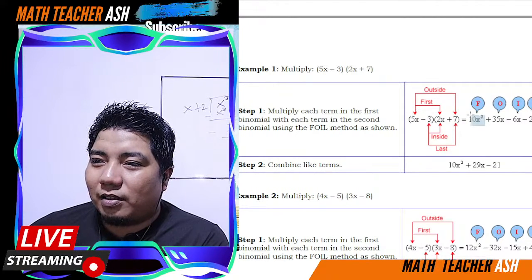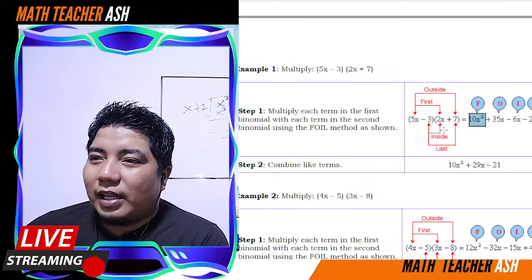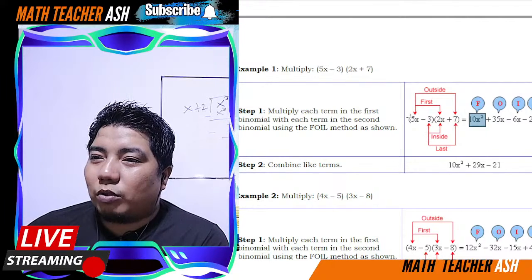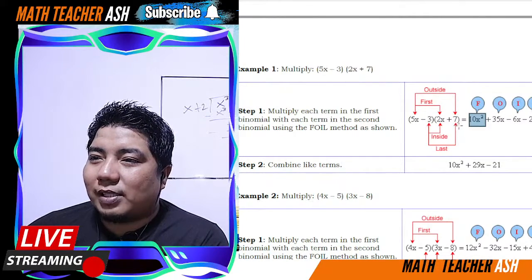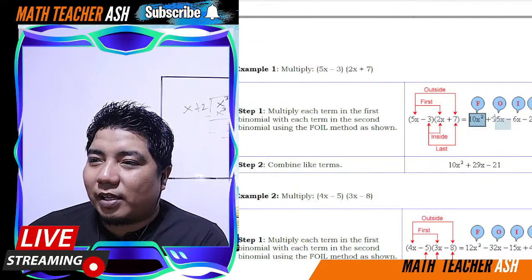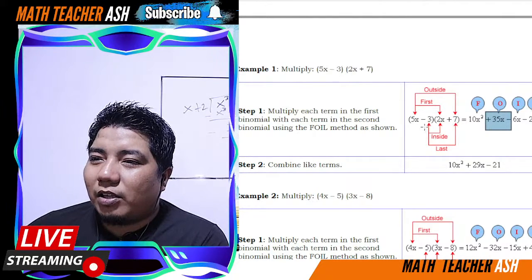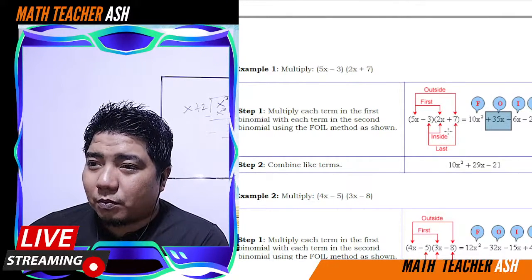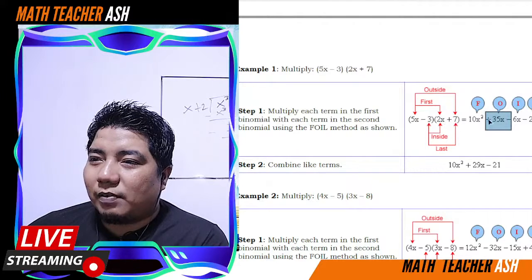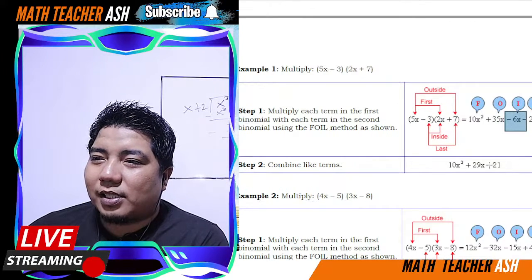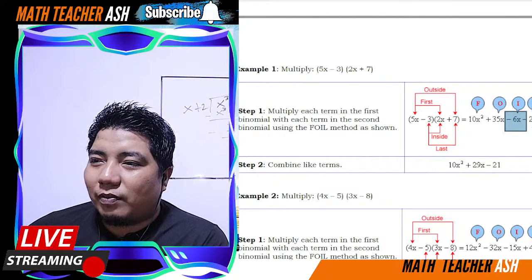Okay, the FOIL, the first. Then, you have the outer. Ito yung outer. So, 5x times 7, that is 35x. Then, the inner, ito, inside. Negative 3 times positive 2x, ito na yun, negative 6x. And then, the last term, negative 3 times 7, that is negative 21.